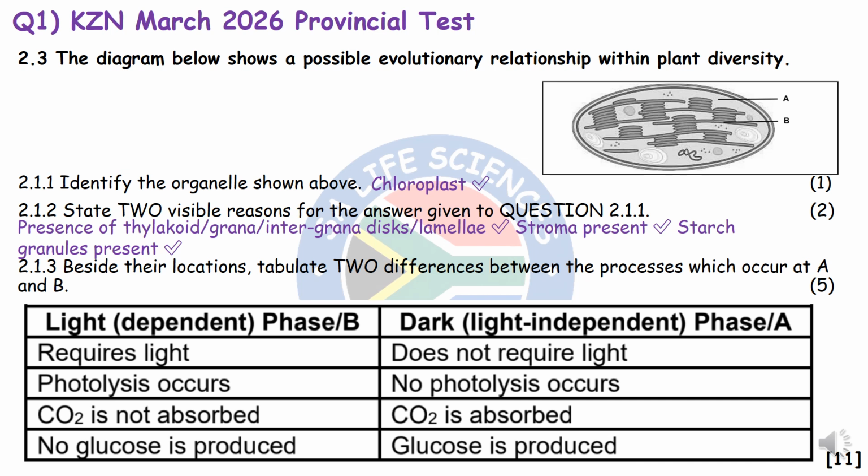Process A is dark phase, also known as the light independent phase. Process B is the light phase or the light dependent phase. So remember, you cannot list where these processes take place. So I'm not going to go through the answers, but you can pause the video over here and make a note of the answers.